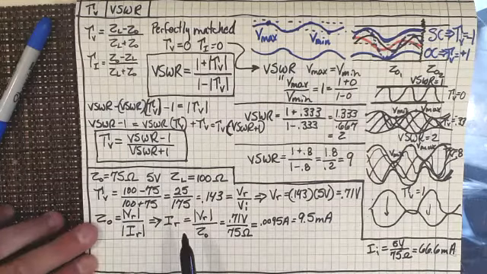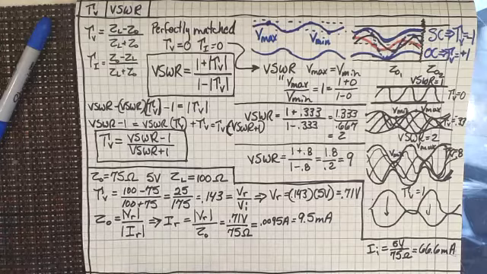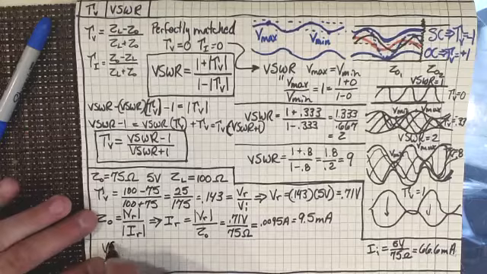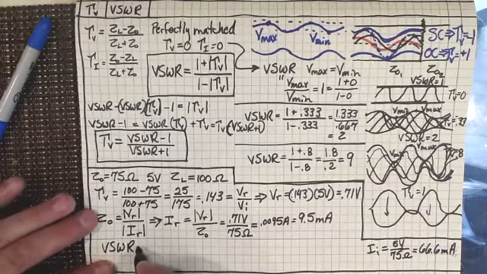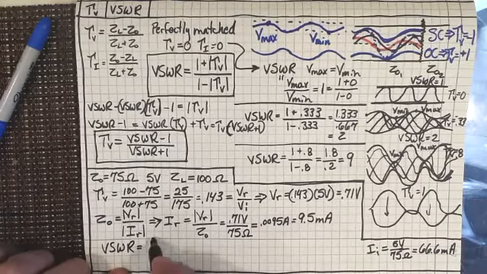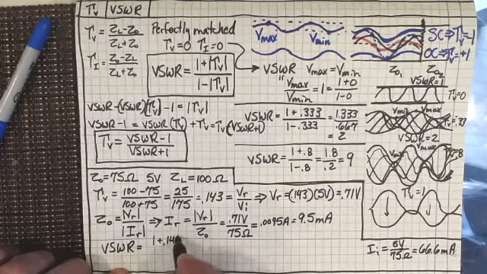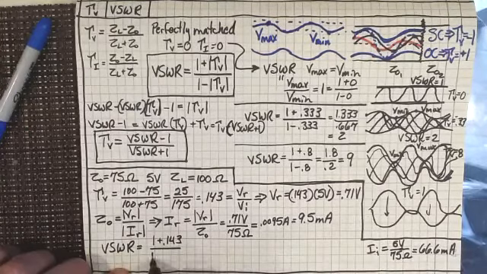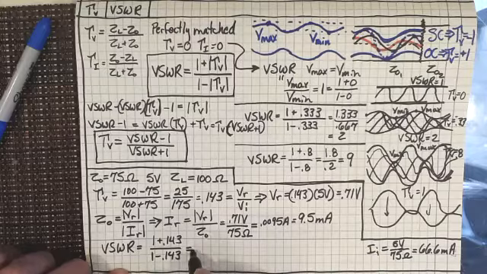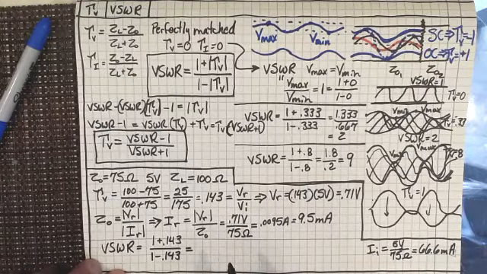Since we've got the reflection coefficient and everything else, we can figure out what the VSWR is too. Why not do that? I mean, I'm right here. VSWR equals 1 plus 0.143 divided by 1 minus 0.143. I think I did do that.